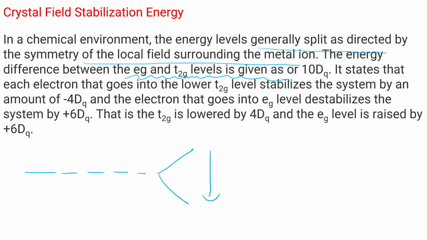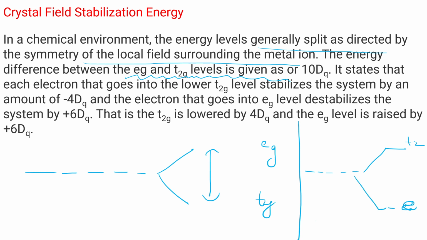In the case of tetrahedral, it is between T2 and E, not G. This is called delta naught and this is called delta T.